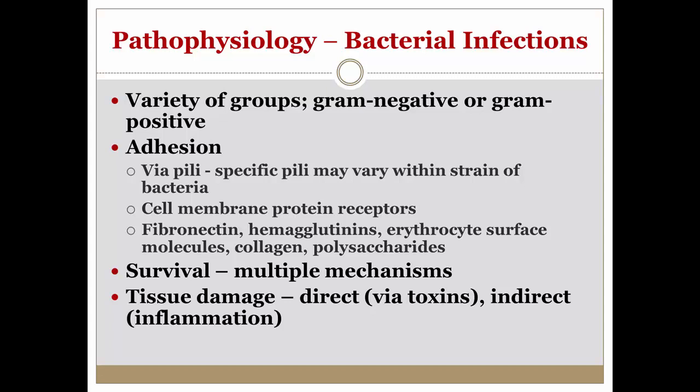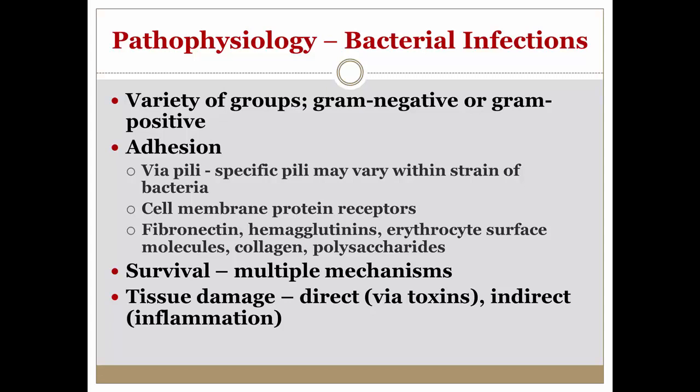Another thing we want to remember, and is very important about the pathophysiology of a bacterial infection, is it has to be able to adhere. And bacteria adhere through pili. The specific pili, which are projections from the bacterial surface, may actually vary within the strain of bacteria.